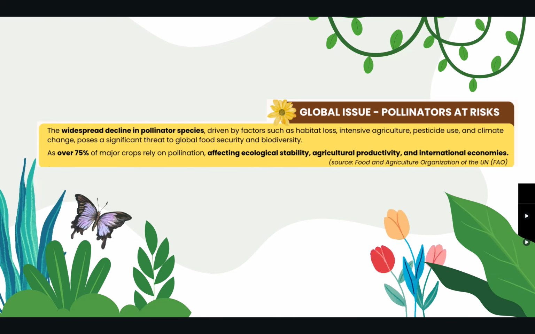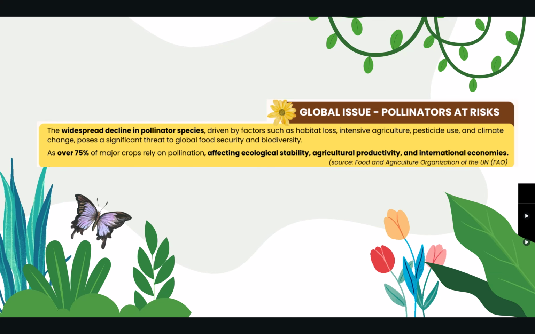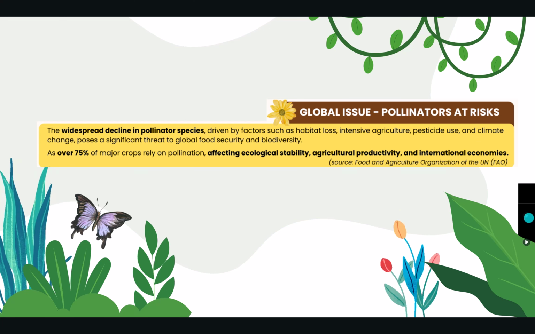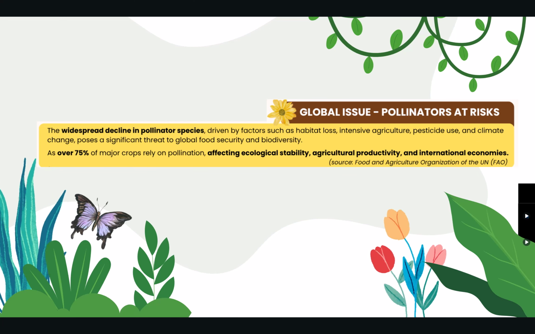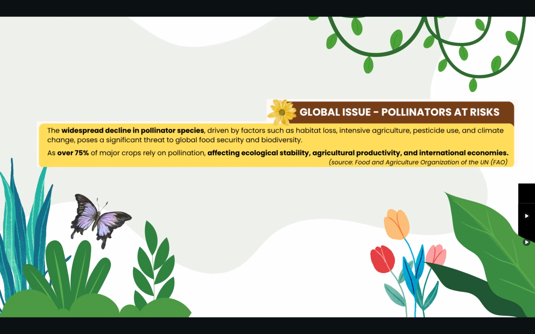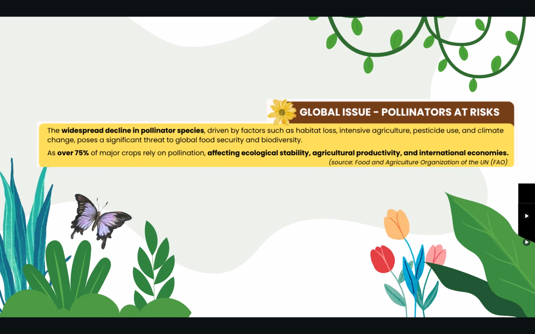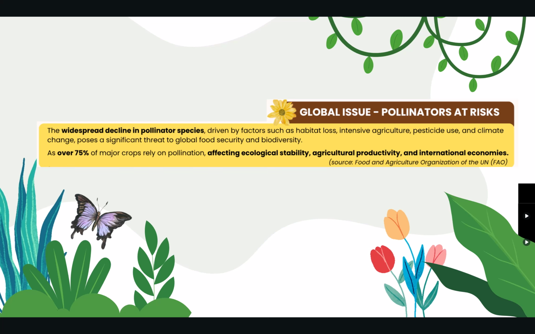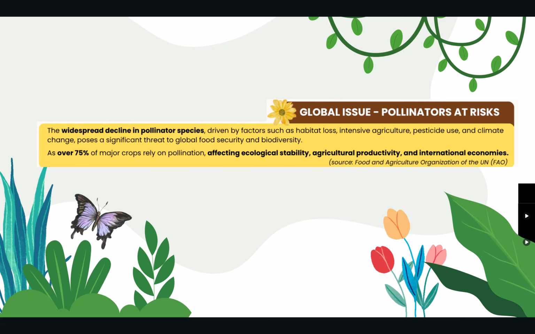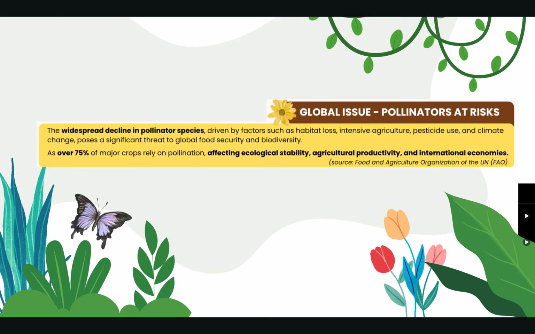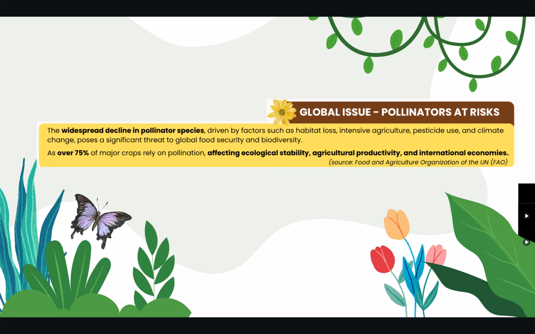Pollination and fertilization are essential biological processes that enable plants to reproduce and produce fruits and seeds. These processes are not only crucial for maintaining the ecosystem, but also for supporting agriculture, which feeds the global population.